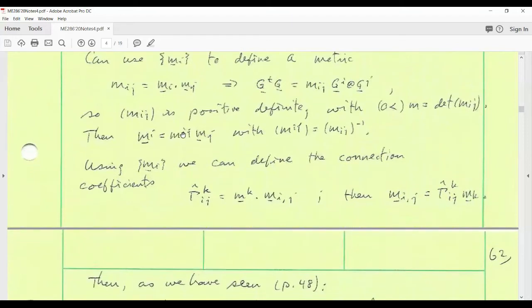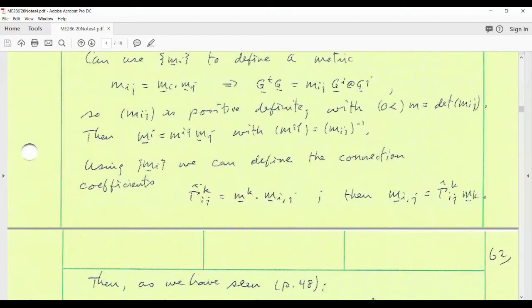So nevertheless, we can use these small m vectors to define a connection in the way that we've done before. So we'll call the connection coefficients based on the small m. These are defined in exactly the same way that we did in our conventional Euclidean space.